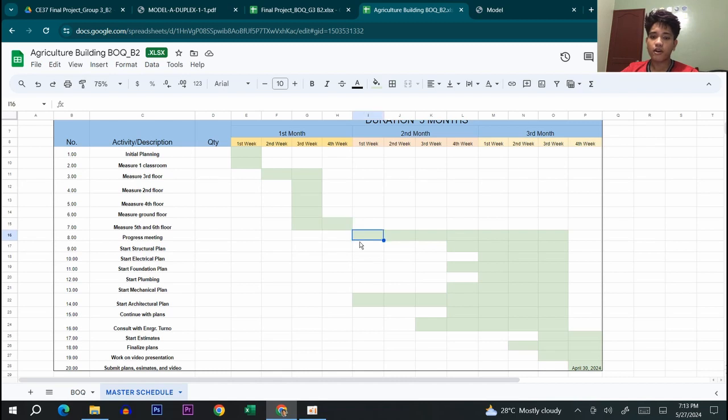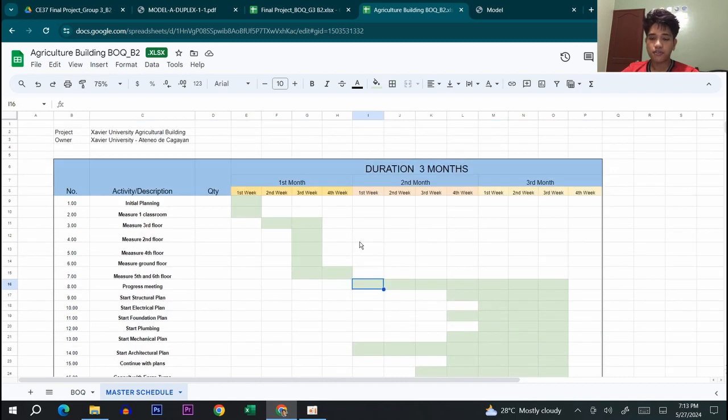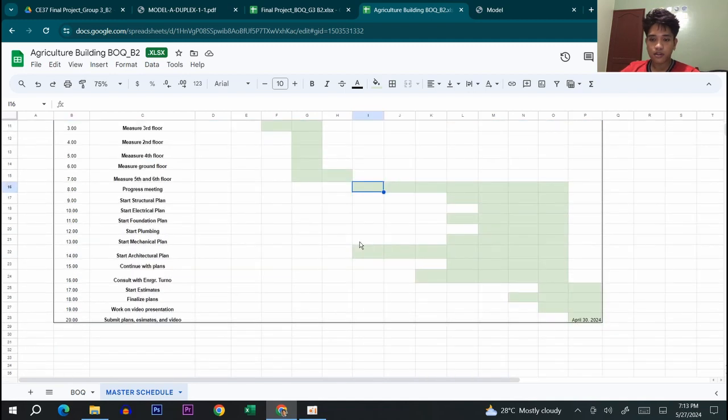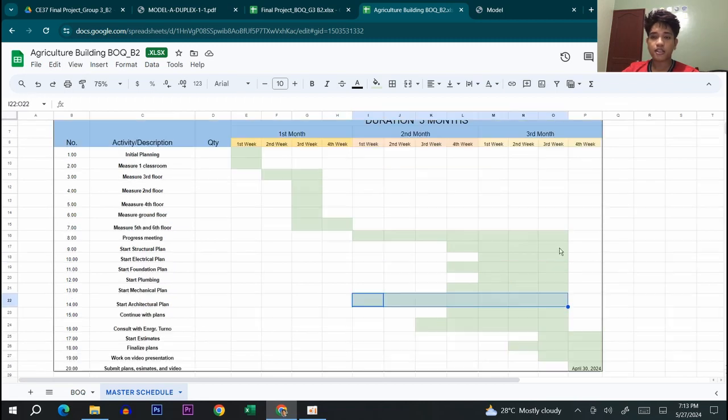So we did our progress meeting first week of March, and as you can see here, the start of the structural plan is actually the first. I'm the one who made the architectural plan, and I thought to myself that I really need to start this as soon as possible because my part will be given to all of the members.